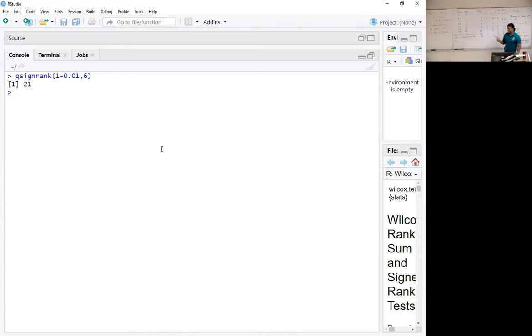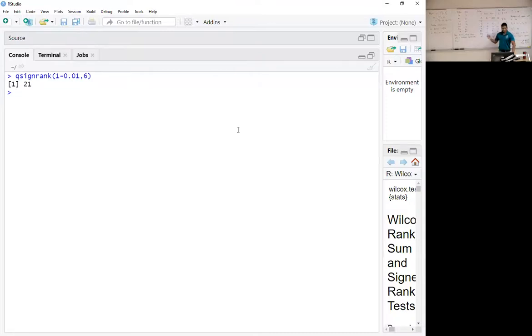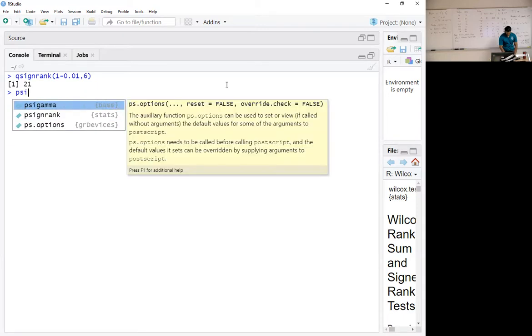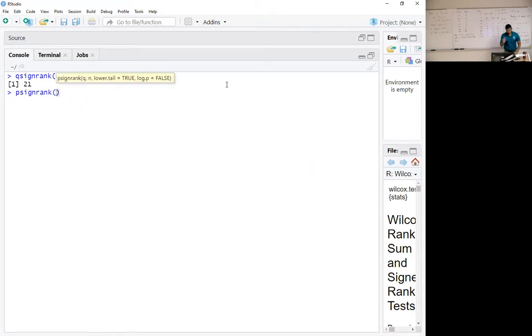So the next step would be to find the p-value. To find the p-value, we have to use psignrank, right? And this is a right tail test, so the p-value is the area above the test statistic.